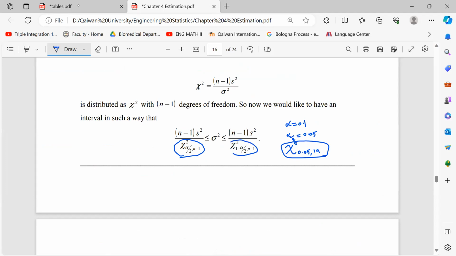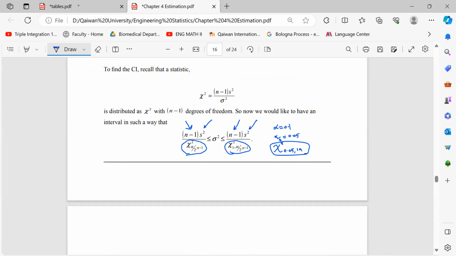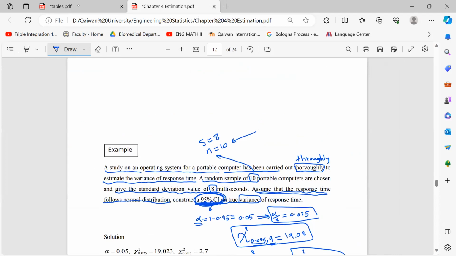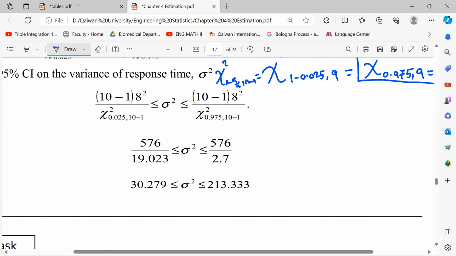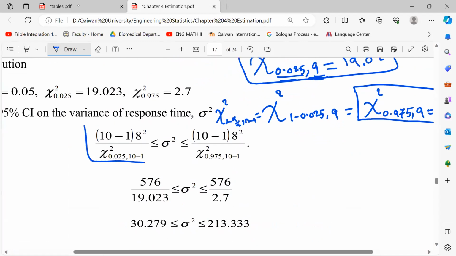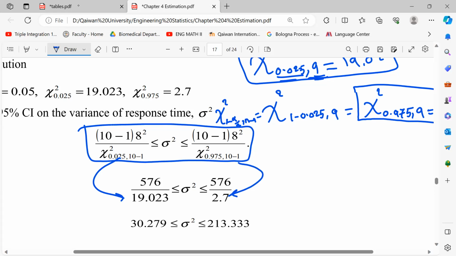This is 2.7. N minus 1 is 9. S squared is 64. We found S. S is 8 and n is 10. It's given in the example. Just replace them. You get this one. We found this one's 19.02 and this is 2.7.